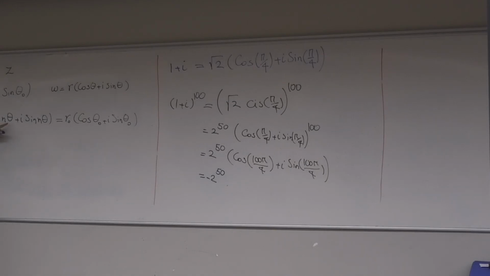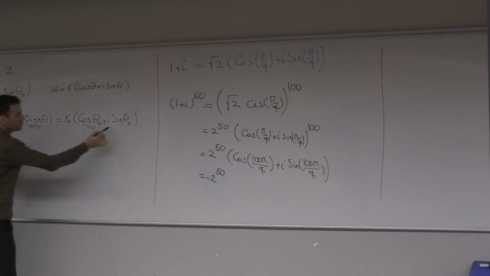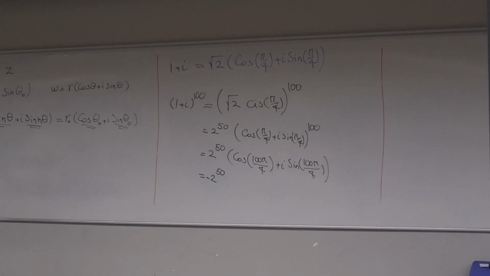What about the value of theta that we are looking to find based on this value of theta 0? How can we find it? This one must be equal to this one, right? When these equalities are true, then n theta is equal to theta 0 plus integer multiples of 2 pi, which is going to be 2 pi k for k an integer.